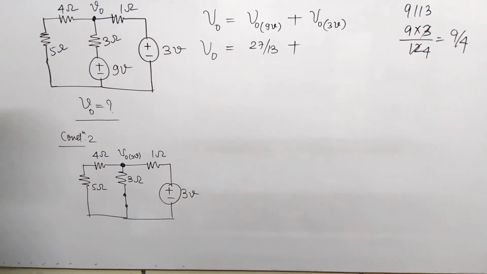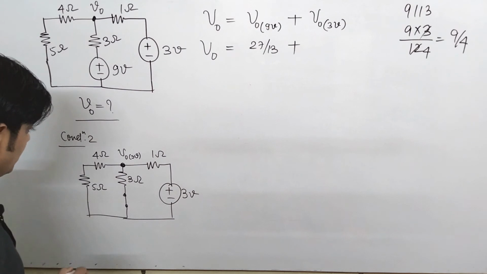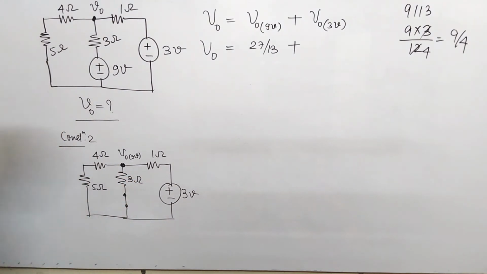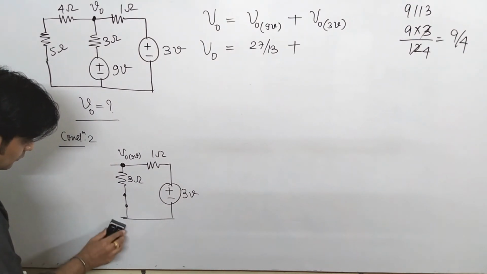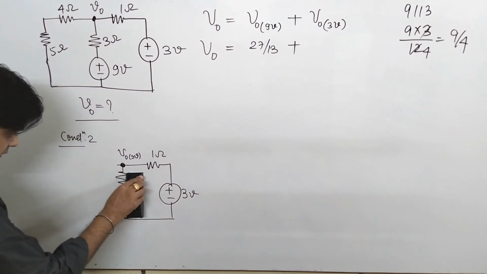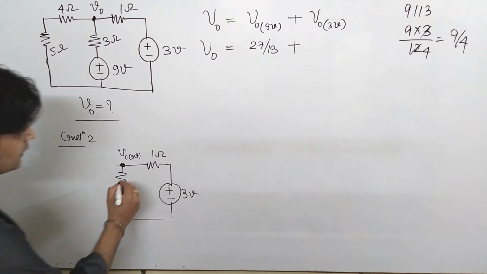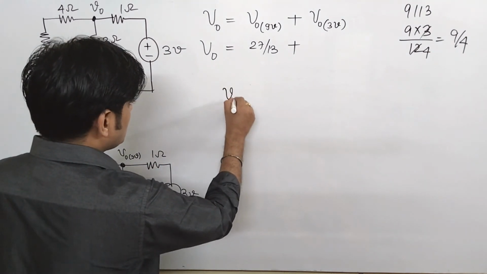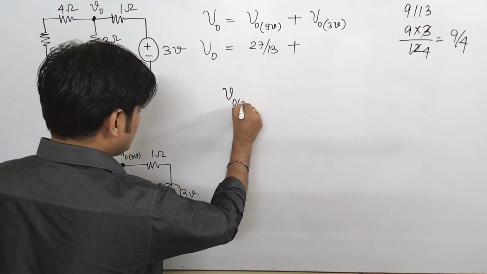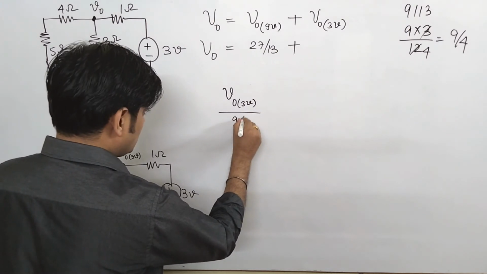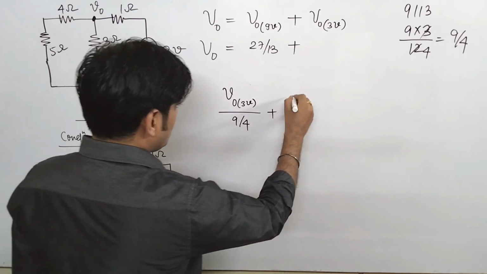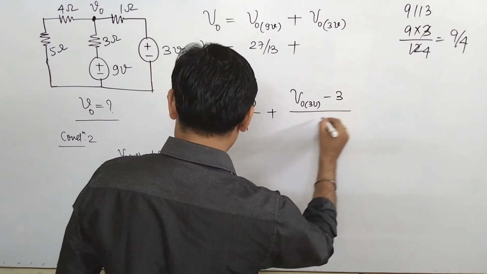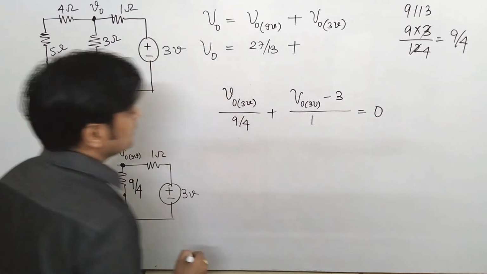Okay. So this is the parallel combination, and I can just remove this. Simple. This resistance will change to how much? It is 9 by 4 ohms. Okay, I am applying one KCL: V naught because of the 3 volt source divided by 9 by 4, plus V naught 3 volt minus 3 divided by 1, that is equal to 0.